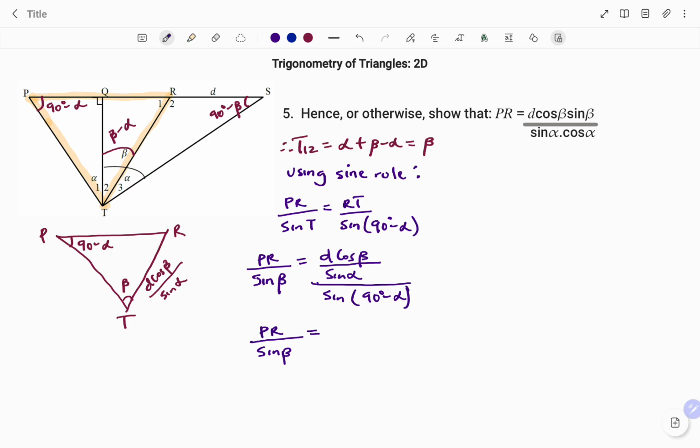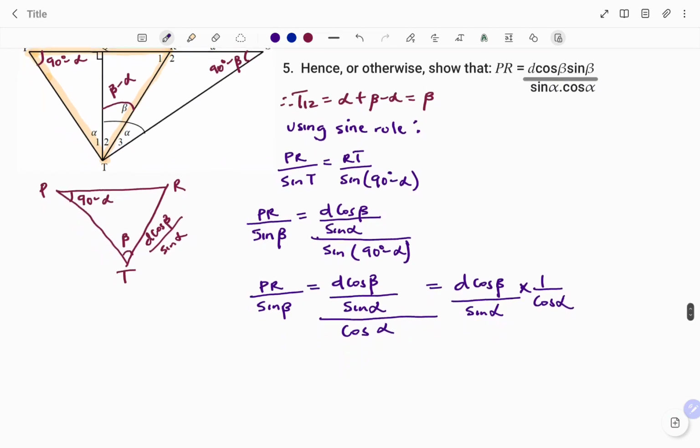Using my identity, that's a cofunction of sine, that becomes D cos beta divided by sine alpha, all divided by cos alpha, and that's also equal to D cos beta divided by sine alpha times 1 over cos alpha.